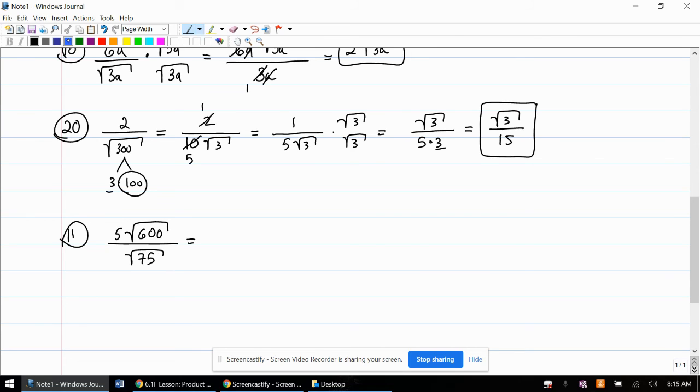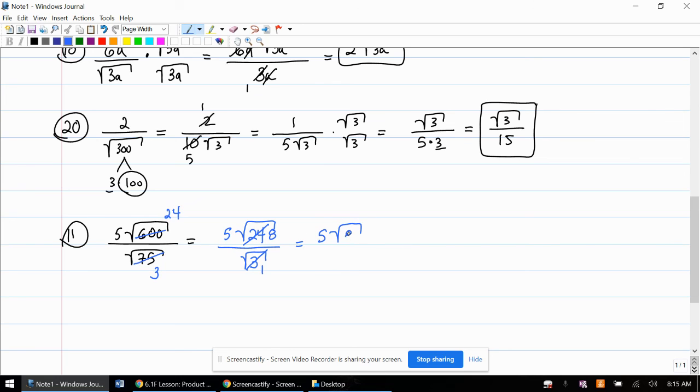Maybe the best idea might be that 75 is divisible by 25, and 600 is divisible by 25, and that's going to be 24. 5 root, the root hasn't gone away when I cancel these. 24 over root 3. Ooh, actually I can cancel more. This will be a 1, this will be an 8.